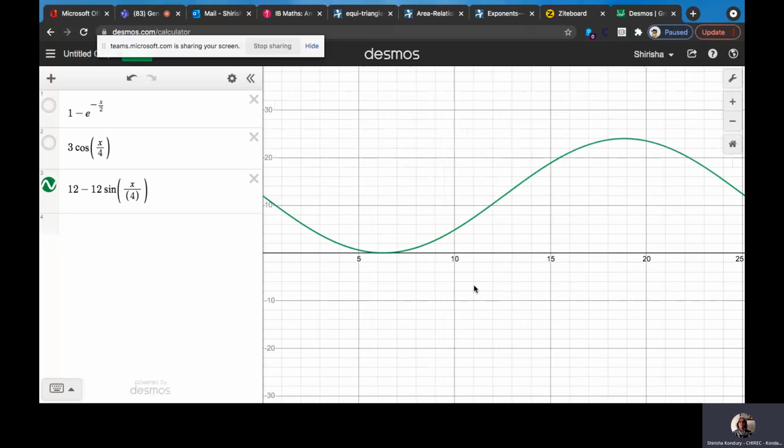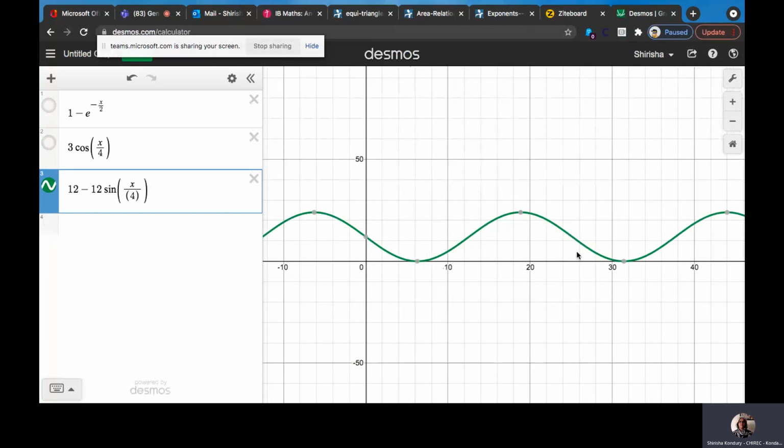This is how the graph is looking, and they want us to mark the intercepts. 8 pi is approximately 8 into 3.14, so something less than 30. The value of 8 pi is 25.13. So somewhere there.